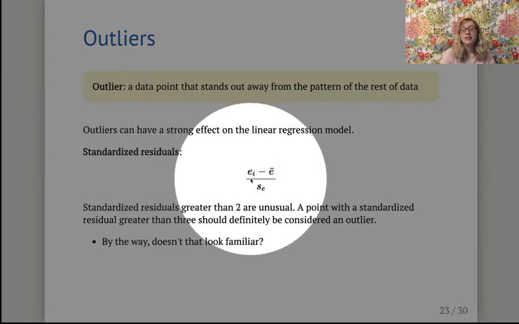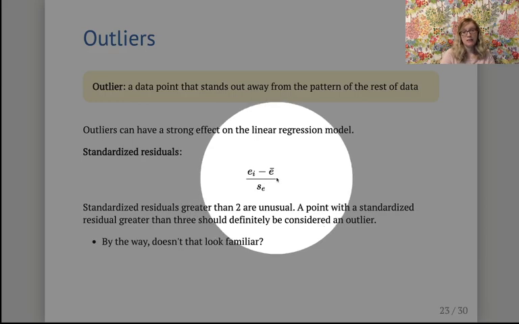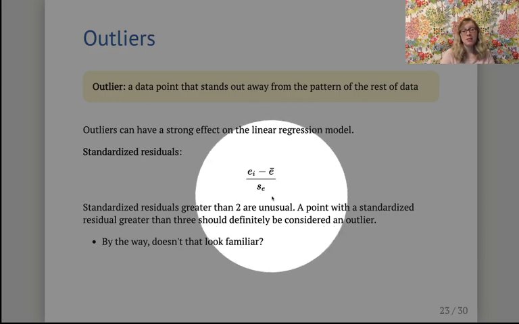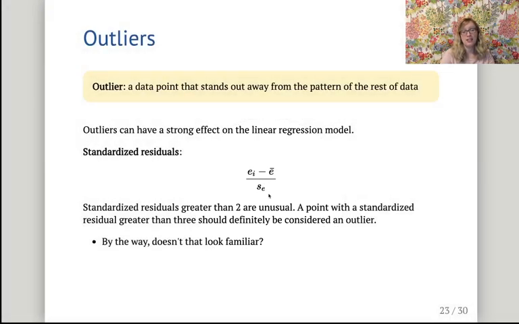We might take the residual for each of our observations, or the error terms e, subtract the mean of the error terms, and then divide that by the standard deviation. Essentially, calculate a z-score. So standardized residuals with absolute value greater than 2 are unusual. Absolute value greater than 3, definitely going to be considered an outlier.